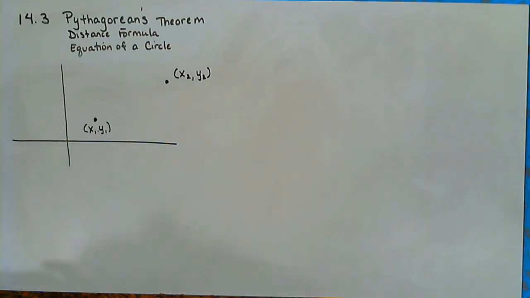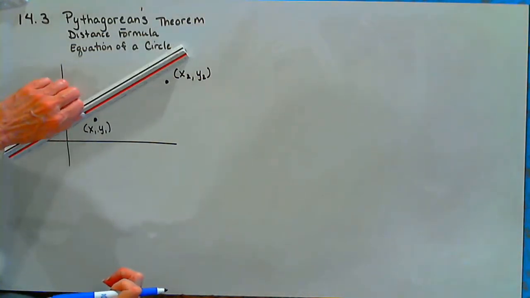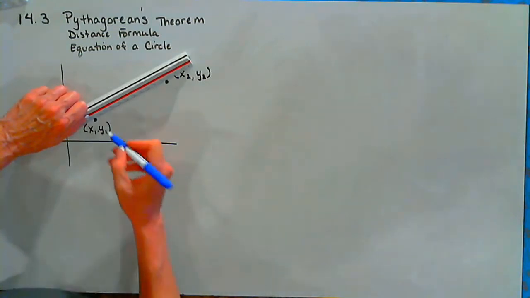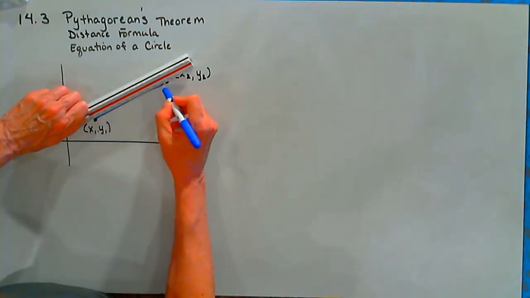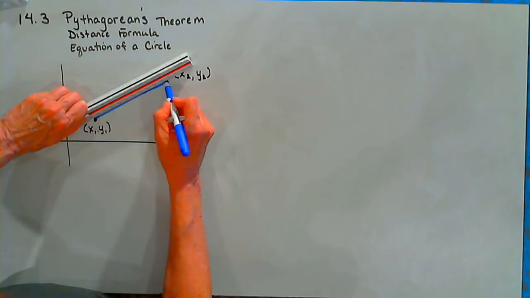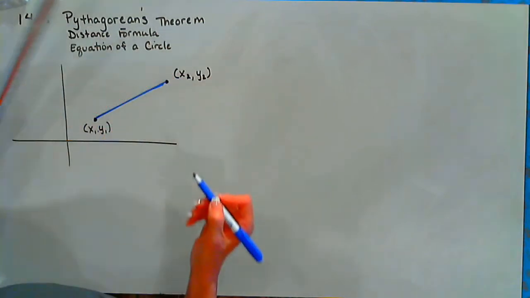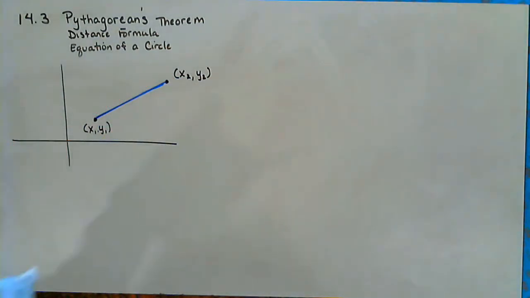All right, so now that we have our 2 points, and these can be any 2 points, our goal is to find the distance between these 2 points. So here's the distance that I'm going to call. Whoops, a little crooked there, I apologize. Here's the line segment that I'd like you to find the distance of.